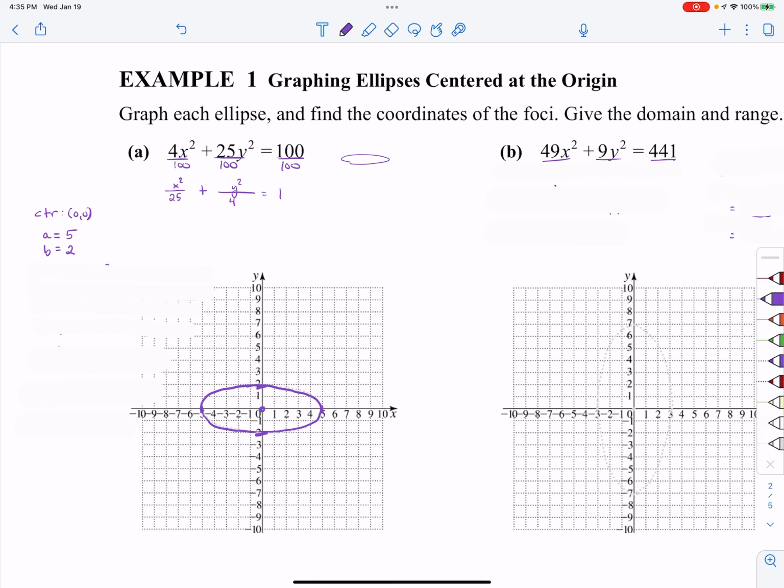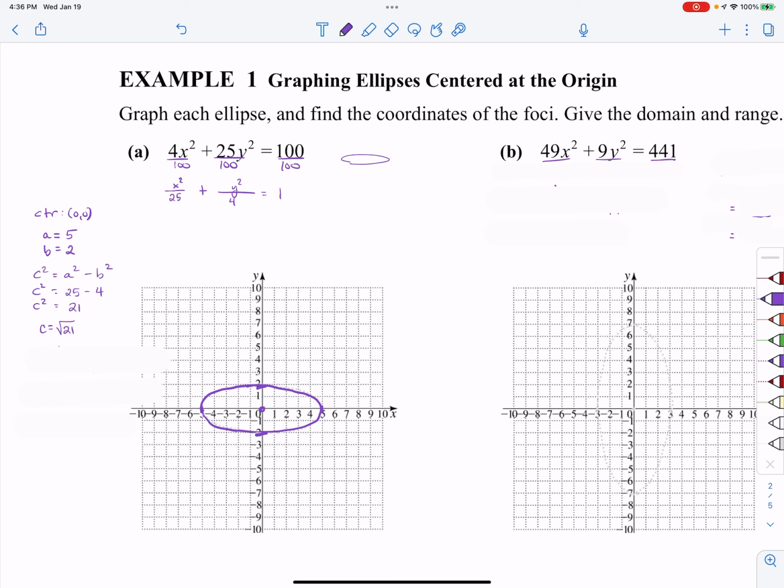Now let's go find the foci. In order to work with the foci, I need to use little dude. So my formula there is c squared equals a squared minus b squared, which is going to be 25 minus 4, which is 21. So my c value, the distance to each focus point, is going to be the square root of 21.